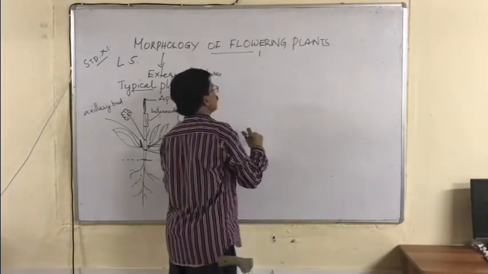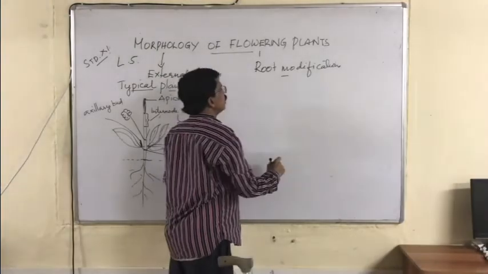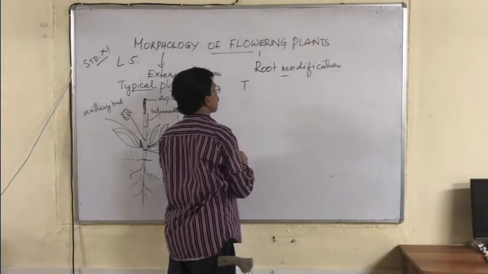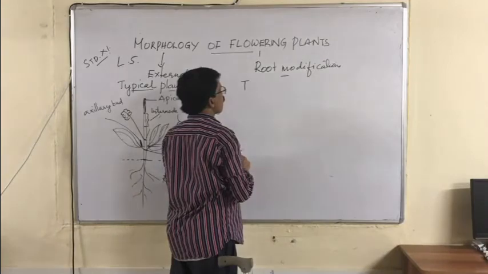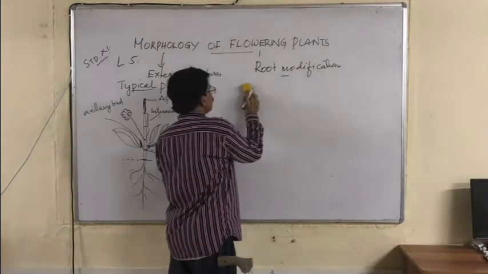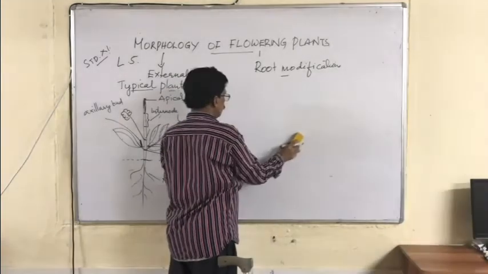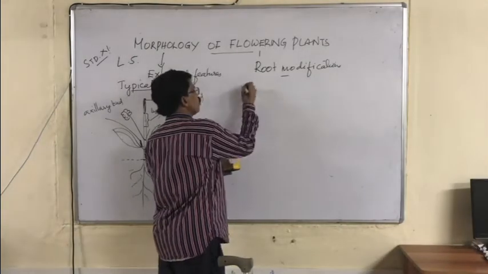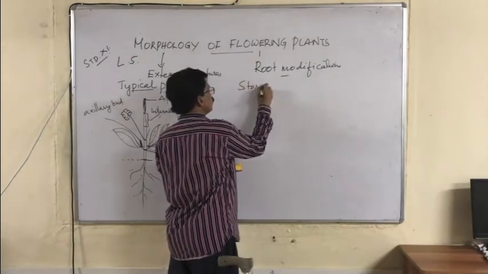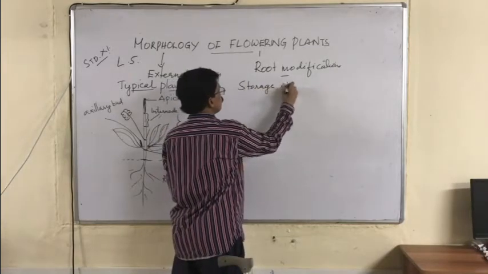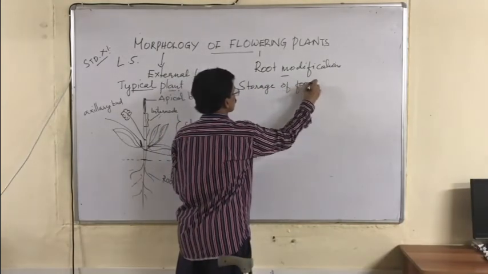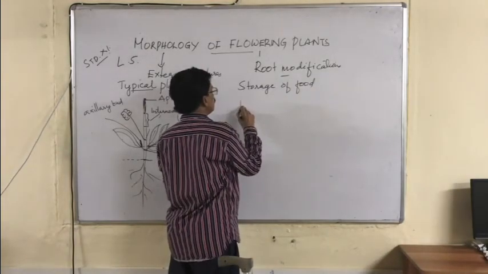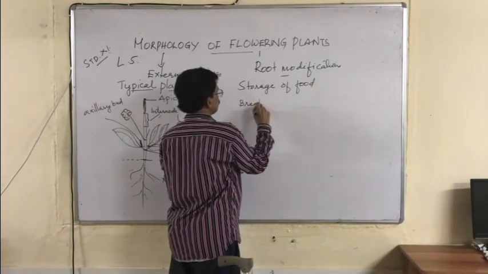Now we are coming to root modifications. So there are different types of root modification. You can say roots are modified for different purposes. Storage of food: roots modified for storage of food. Then roots can be modified for breathing or respiration.